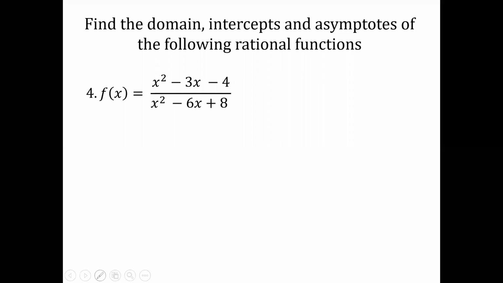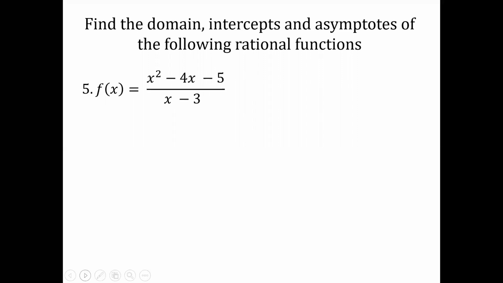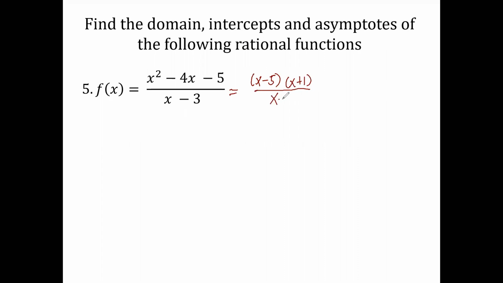Let's proceed with the last example. The given is x squared minus 4x minus 5 over x minus 3. Can we factor the numerator? Yes, it's (x minus 5)(x plus 1) all over x minus 3.